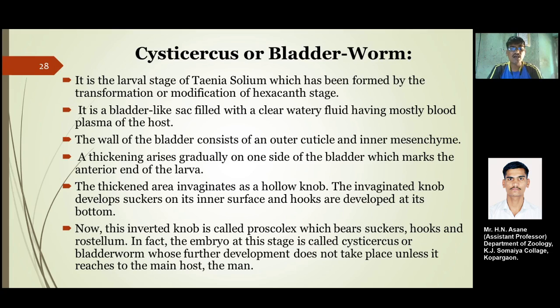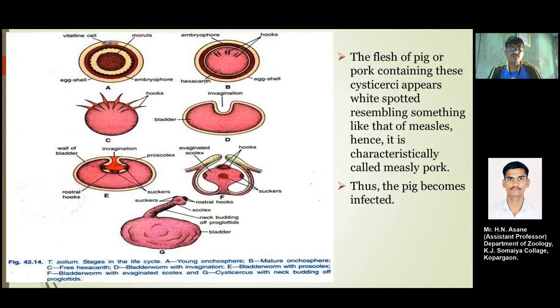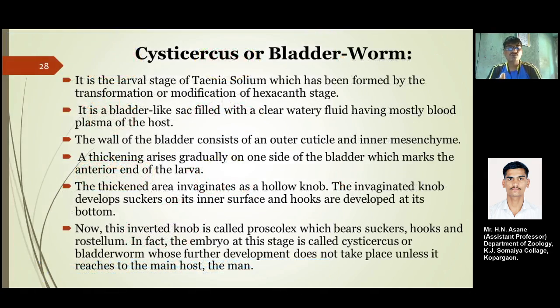A thickening arises gradually on one side of the bladder, which makes the anterior end of this larval stage.